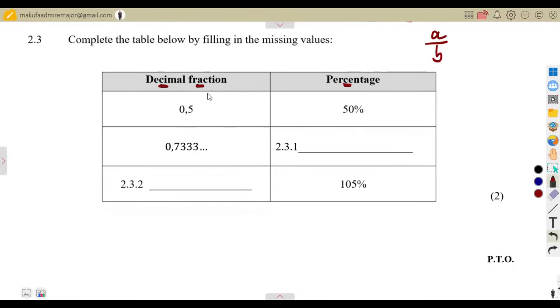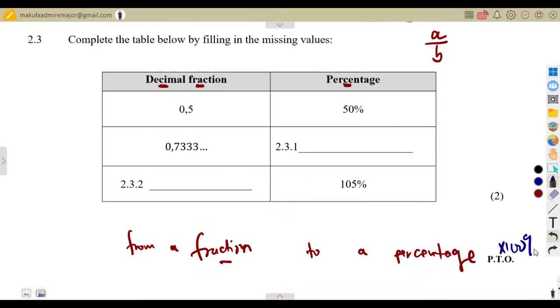Whether you have a common fraction or a decimal fraction, as long as it's a fraction being converted to a percentage, you simply multiply by 100%. That's it.